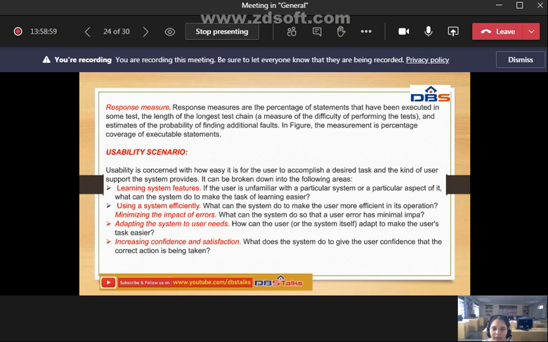Here we have the following areas: learning the system features, using the system efficiently, minimizing the impact of errors, adapting the system to users' needs, and increasing confidence and satisfaction. When we gather all these qualities together, that is called usability.